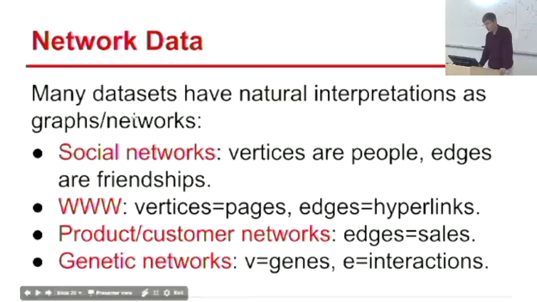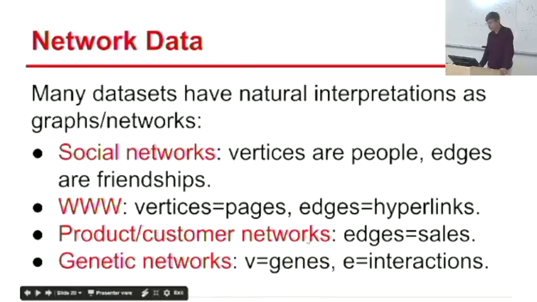If you want to model the World Wide Web, you could model it by a network where the vertices are pages and edges are hyperlinks, if I link to you. If you want to model people's interactions, you have a social network. The vertices are people, the edges are who you're friends with. Is everybody clear about that?